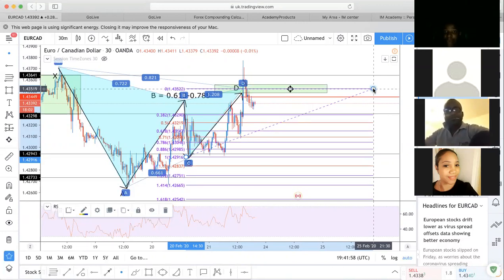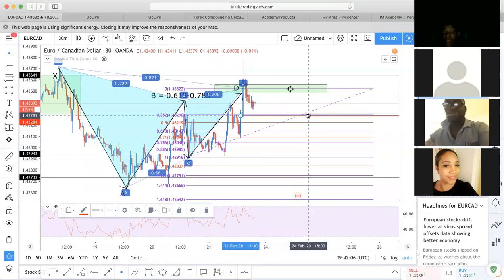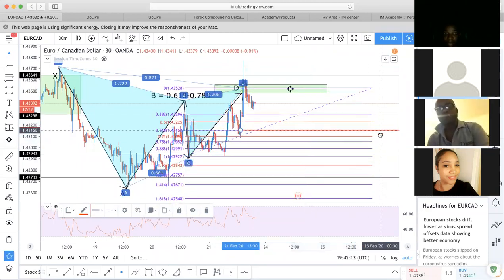You're going to take your TPs from the D leg. So you're going to measure from the C to the D. Your first TP will be the 38.2, second TP 61.8, and then the third one is going to be at 78.6.